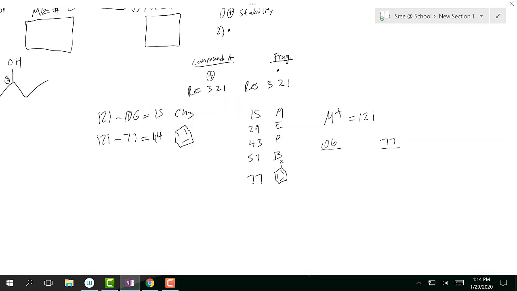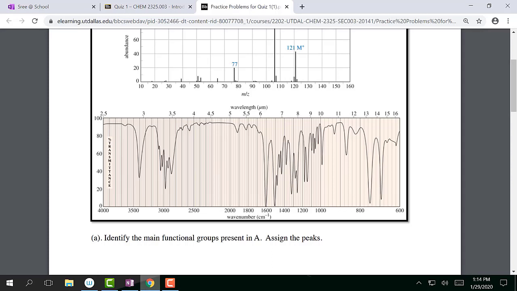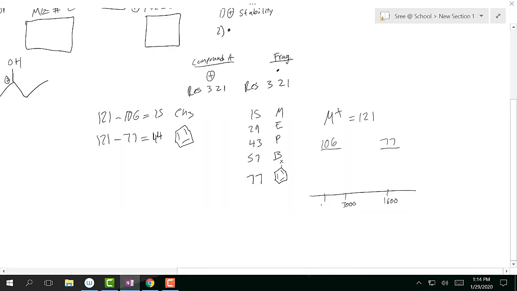I'll redraw it right here: 1600, 3000, I think it was, about 3400. Pretty much on all your IR graphs, you're going to have peaks that look like this. All of that is just CH bonds. It doesn't really tell you much. But if you see a peak exactly at 1600, that's another confirmation that it's going to be a benzene ring.